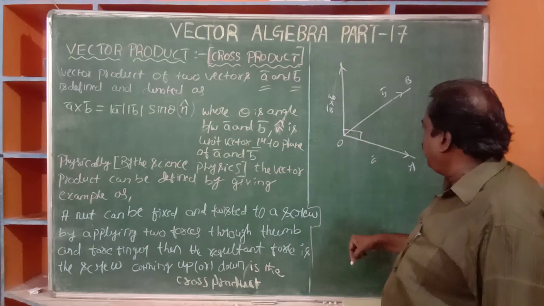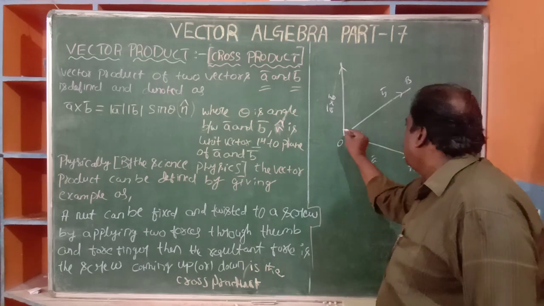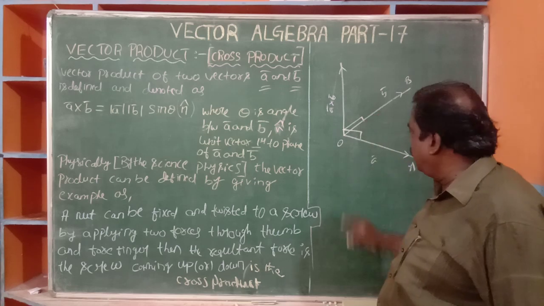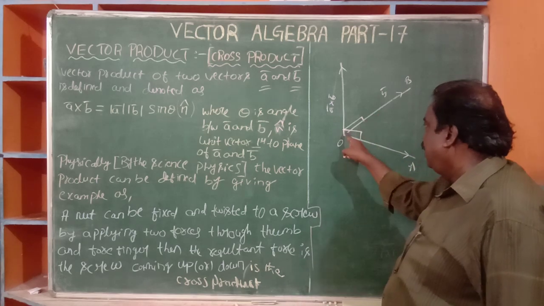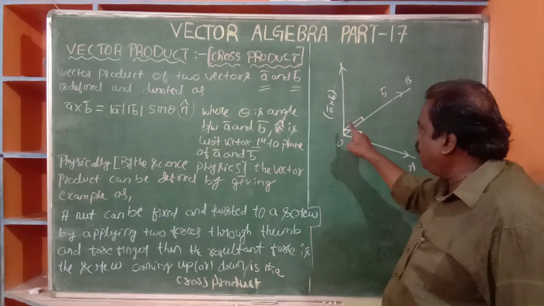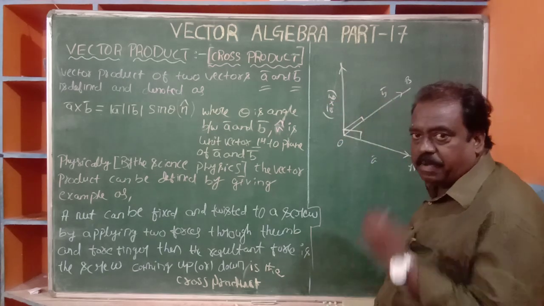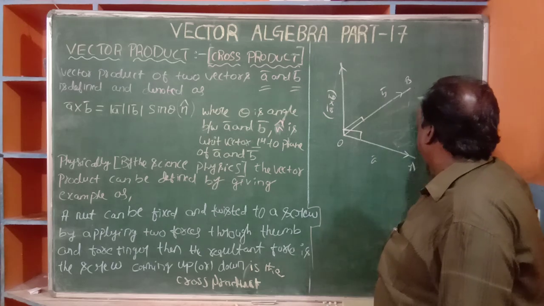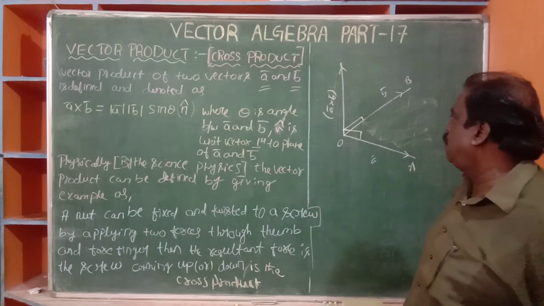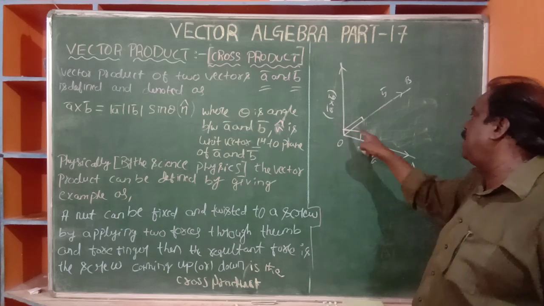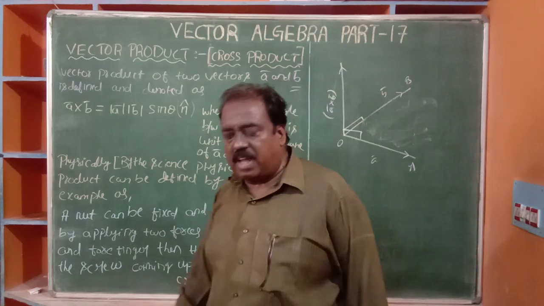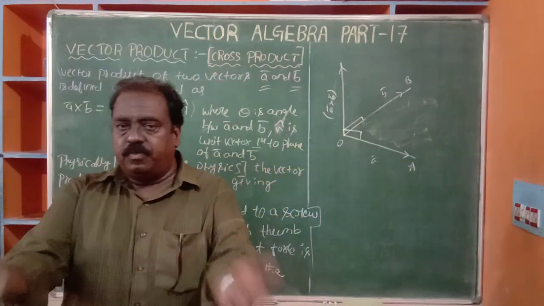It is perpendicular to A bar and perpendicular to B bar. This A bar cross B bar is a new vector, which is the cross product of A bar and B bar. This is the plane, and for this plane it is perpendicular. It is perpendicular to A bar as well as B bar. Clearly I will tell: I am standing on the floor. You assume you are standing.